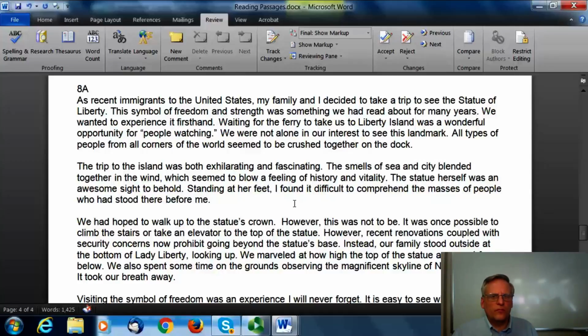We were not alone in our interest to see this landmark. All types of people from all corners of the world seemed to be crushed together on the dock.